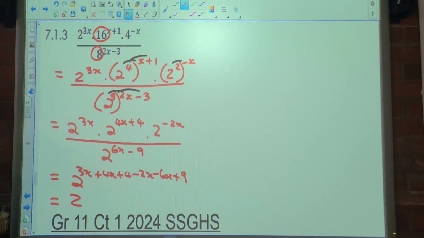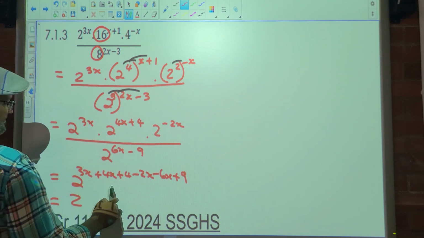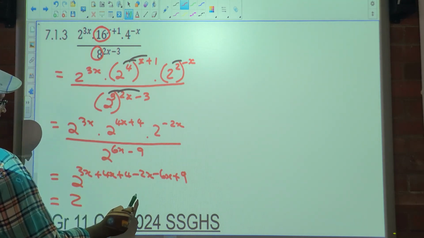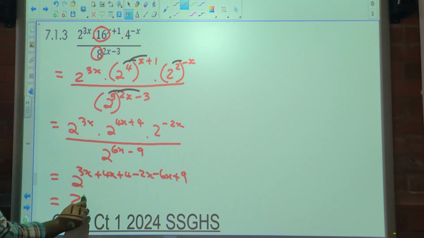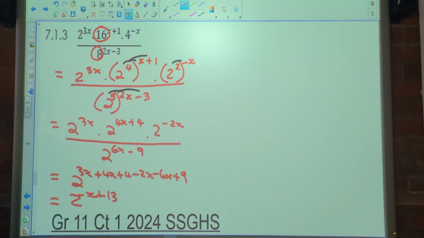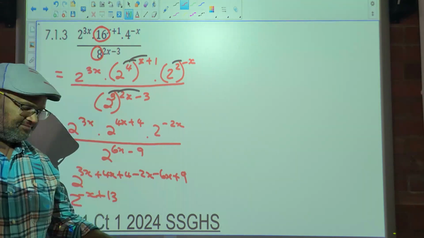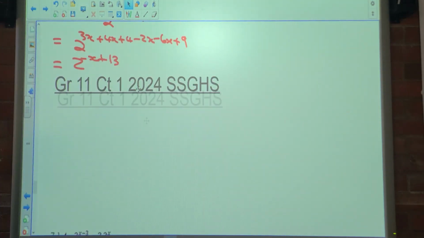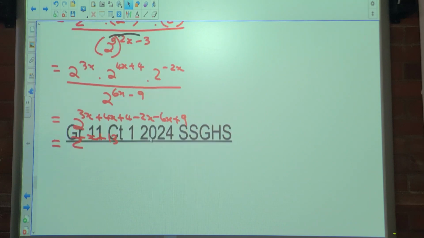Okay, so now 3x plus 4x is 7x. Minus 2x is 5x. Minus 6x is negative x. 4 plus 9 is 13. So it's 2 to the negative x plus 13. Is that correct? Okay. Positive exponent.